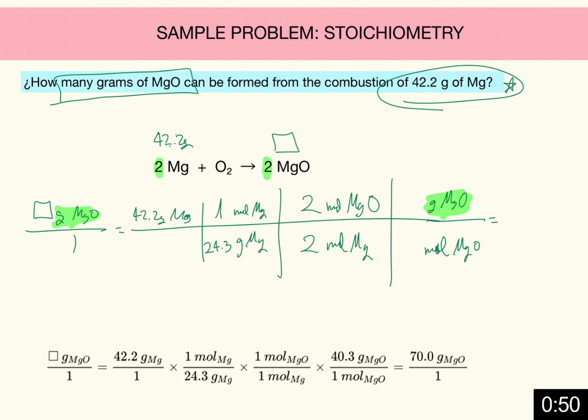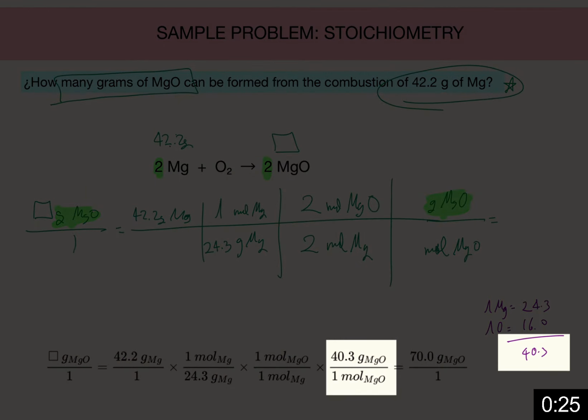And finally, moles of mag oxide and grams of mag oxide. Well, there I'll have to look at the molar mass of mag oxide, so let's see what I can do there. Magnesium oxide is 1 Mg and 1 O, and 1 Mg is 24.3, and 1 oxygen is 16.0, so that's going to be 40.3.